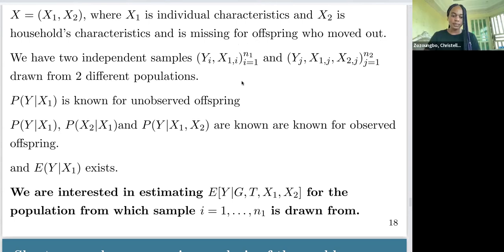Yes. But your problem is that you miss part of the kids because some of them moved out. Yes. So this created bias. So you're trying to now use some approximations to go around that problem. Okay, if anybody is familiar with the literature, please feel free to jump in.